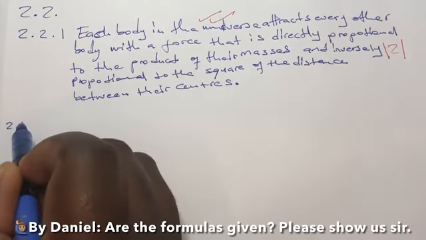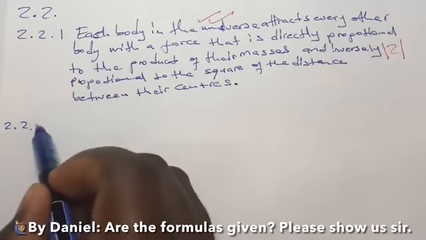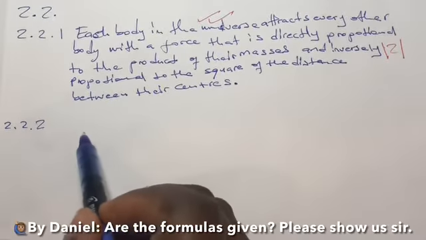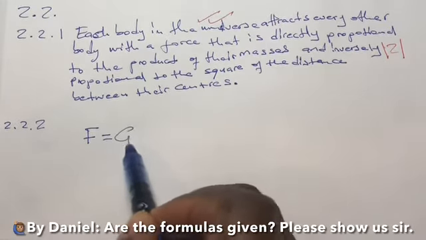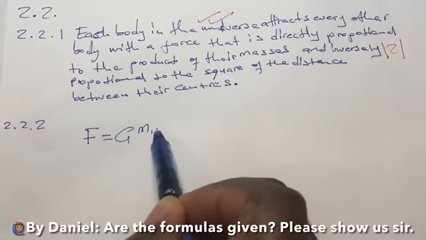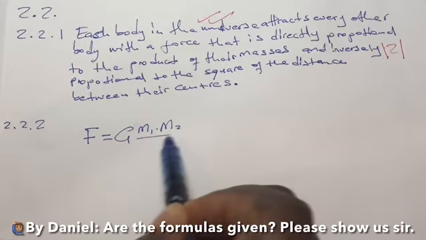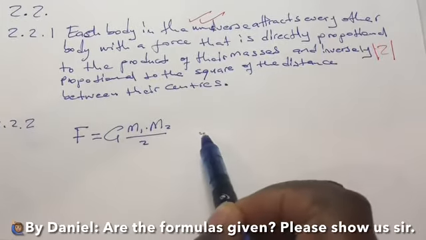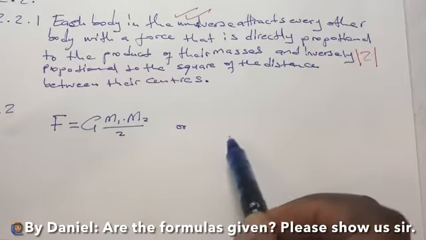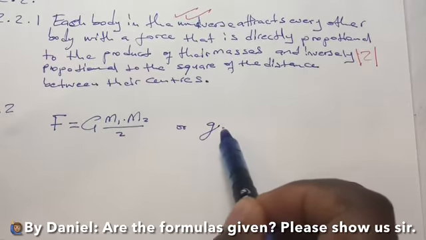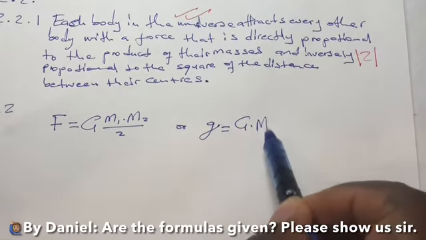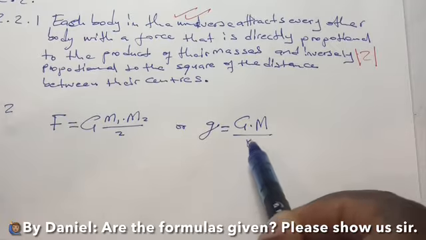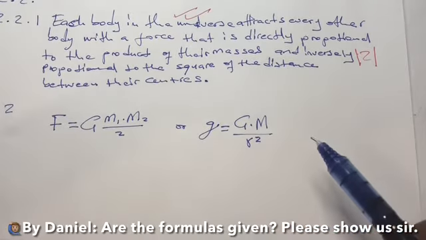So we are now on 2.2.2. The first formula is F equals G m1 times m2 over r squared, or g, which is the gravity, equals G multiplied by m over r squared.